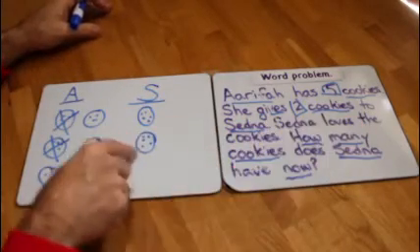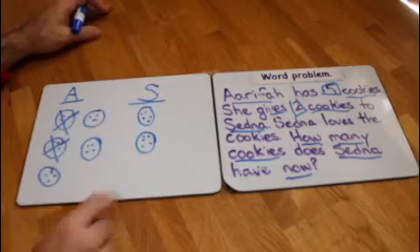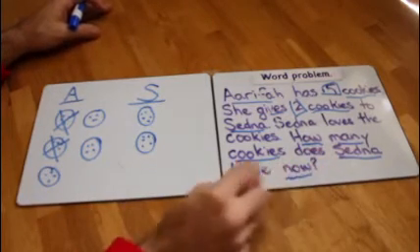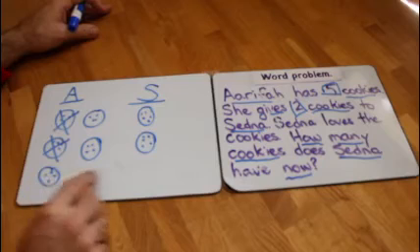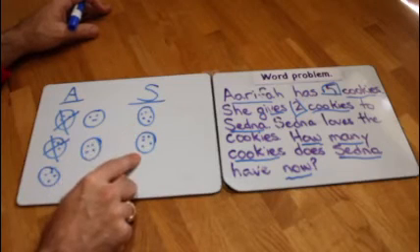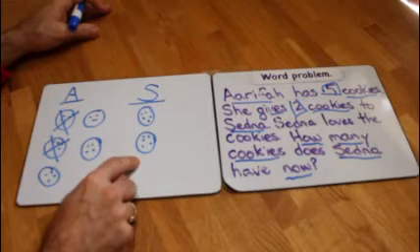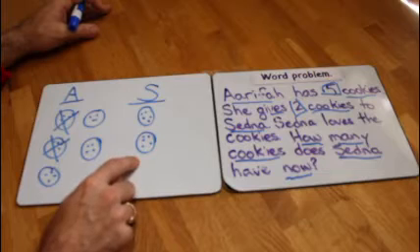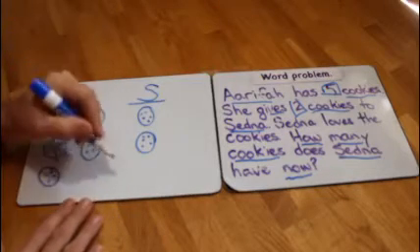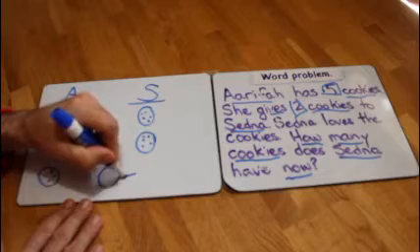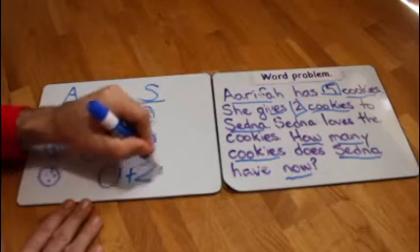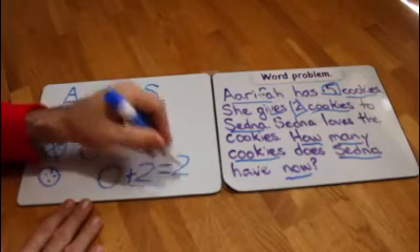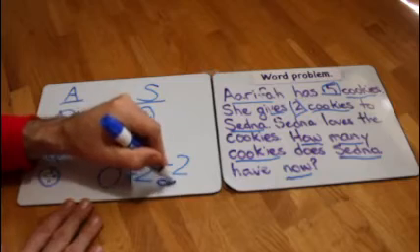Sedna loves the cookies. Yummy. How many cookies does Sedna have now? She has 2. Because 0 plus 2 equals 2. 2 what? Cookies.